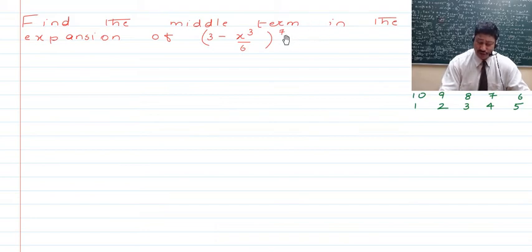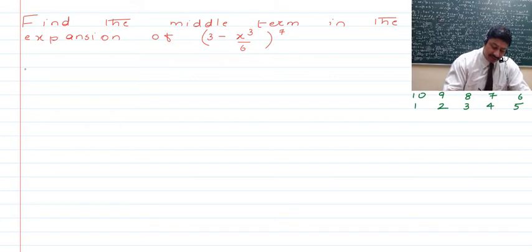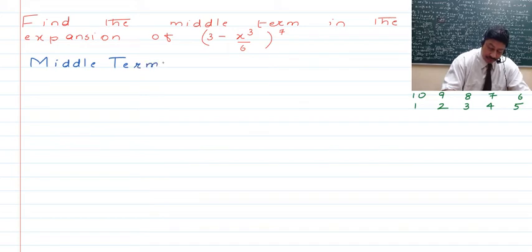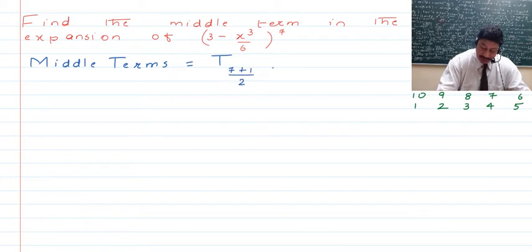So if the total number of terms is 8, we know that we will now be having two middle terms in this, right? So in order to find the middle terms, one of the middle terms is going to be equal to T of (7+1)/2, and the other is going to be T of (7+3)/2, right?